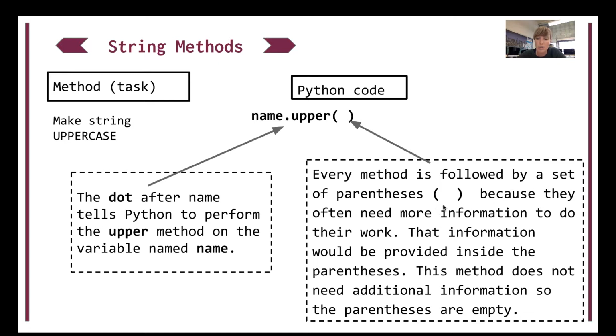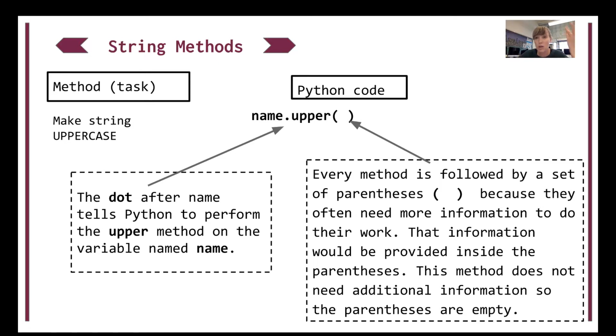The parentheses after the method are part of the syntax of a method. They use that because they often need more information to do their work. That information will be provided inside the parentheses. This method does not need additional information, so the parentheses are empty.